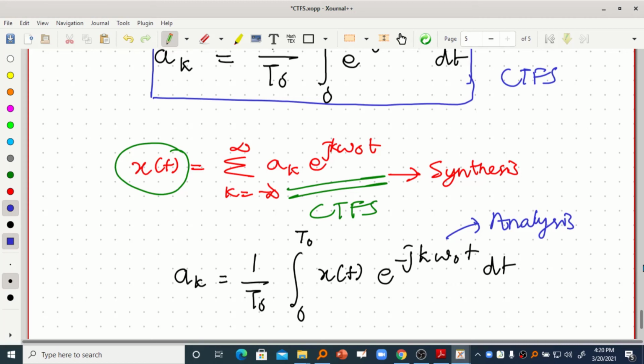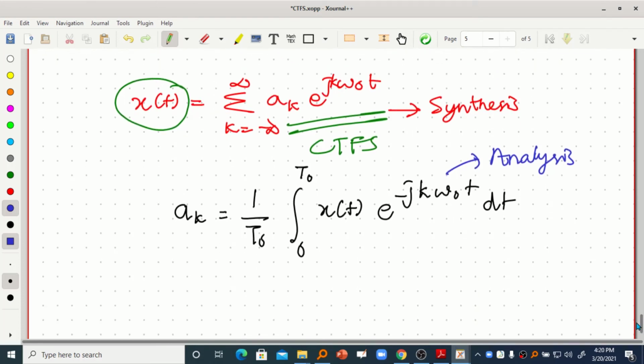This is known as the analysis equation because this particular equation analyzes the weight or the amplitude of each of the harmonics.